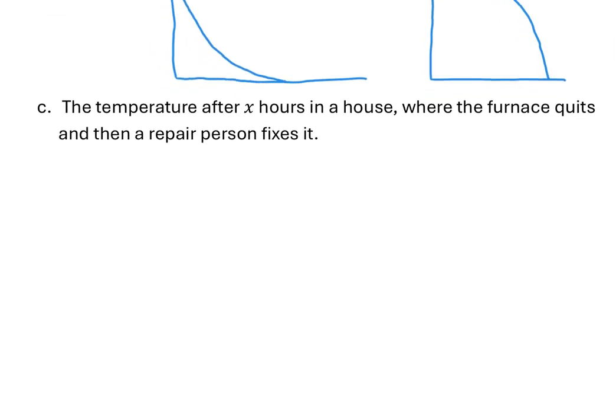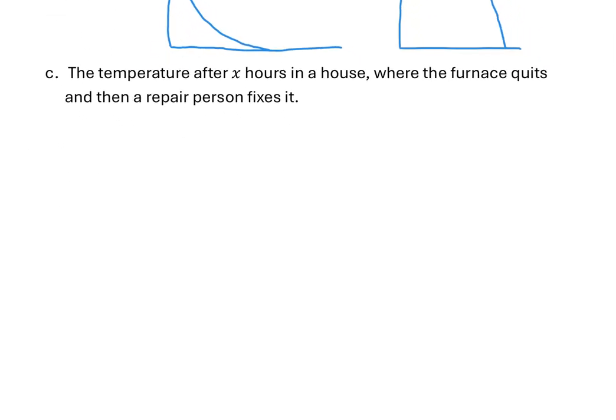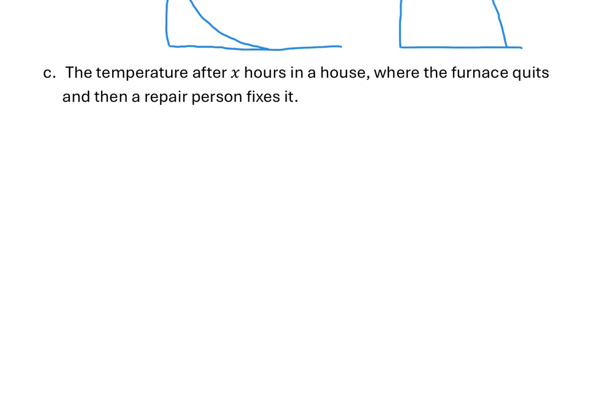All right, the last one we have is the temperature after x hours in a house where the furnace quits and then a repair person fixes it. So if we look at this one, we probably don't notice right away that the heater has stopped working, and so we're going to start it somewhere here.